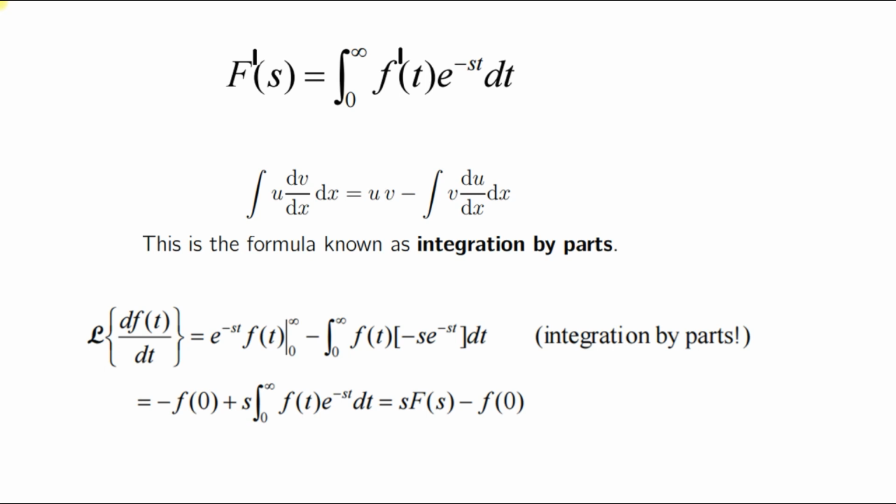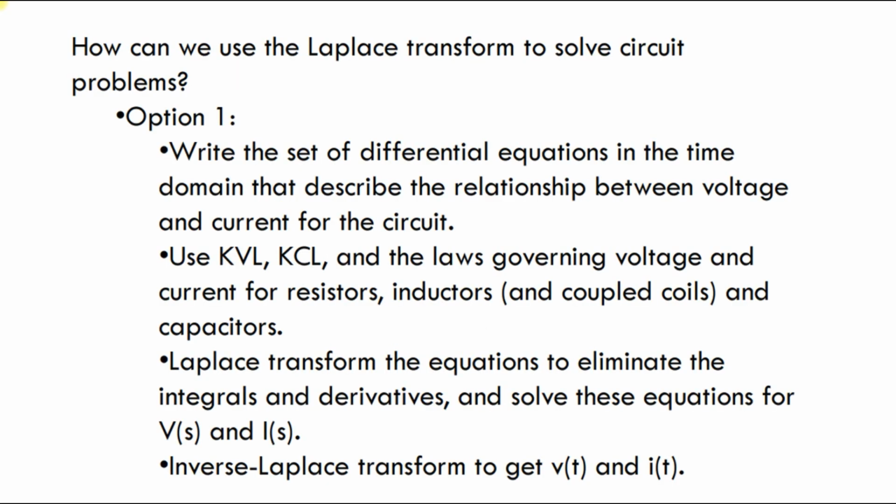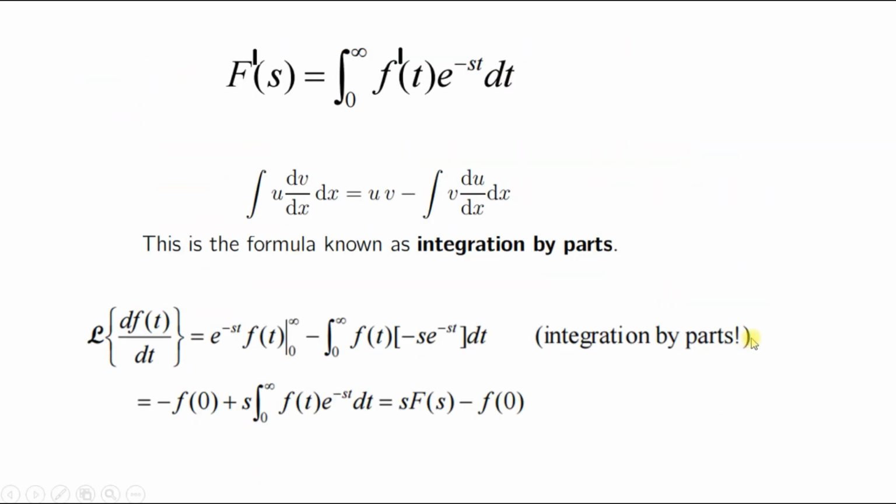The minus is inside the bracket, so this minus goes outside, and minus into minus gives plus. I take the s outside, so the integral from 0 to infinity of f of t into e power minus st dt, which I already told is nothing but f of s. So this is replaced by s into f of s minus f of 0.